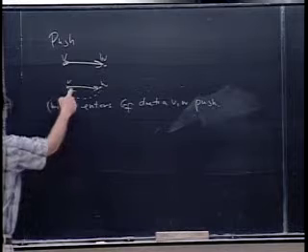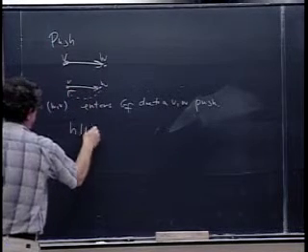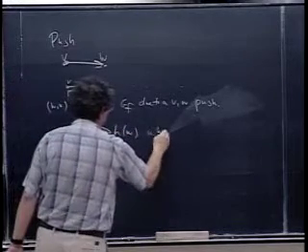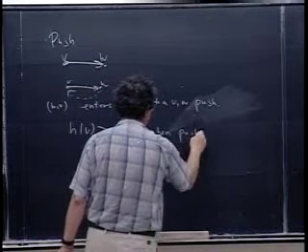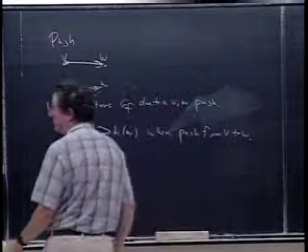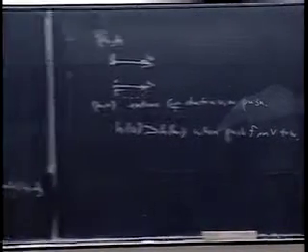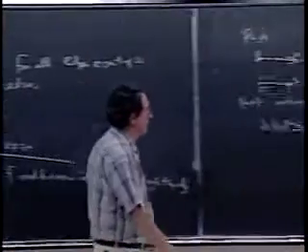But in order to have pushed from V to W, we needed h of V greater than h of W. That's a requirement for pushing. So we knew that at that moment.